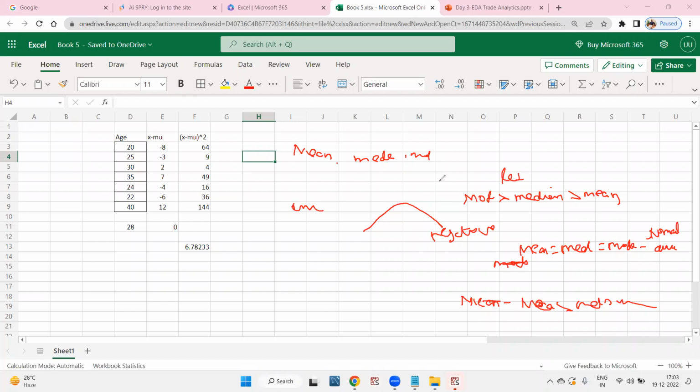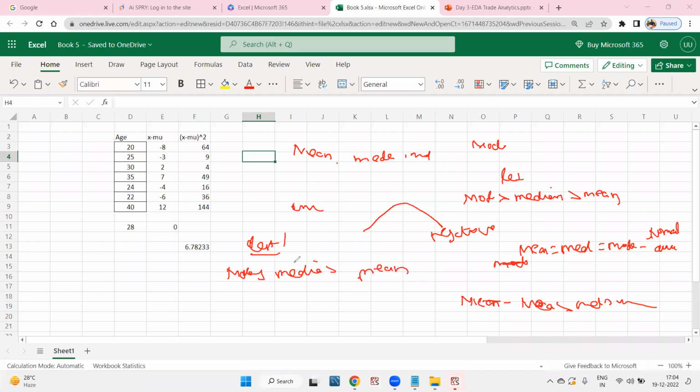So when it comes to left skew, we discussed that left skew means mode is the higher value than mean and median.